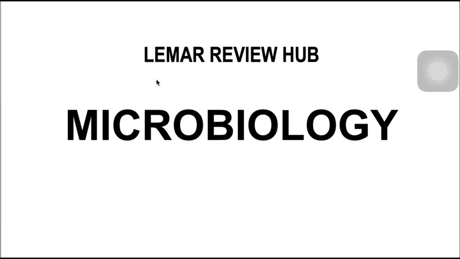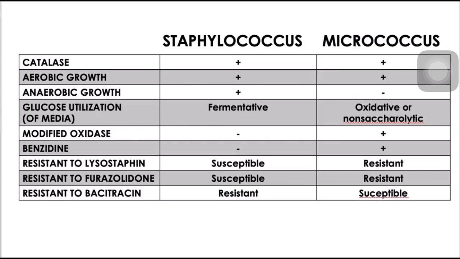So first, let's focus on your gram-positive cocci. This one is a table differentiating your Staphylococcus versus your Micrococcus. In particular, this one is used to differentiate your coagulase-negative Staphylococcus versus your Micrococcus.